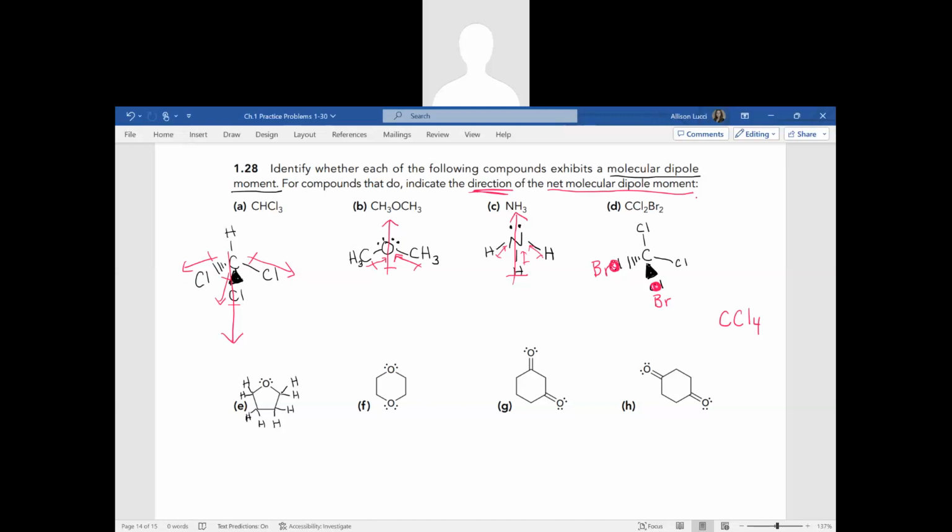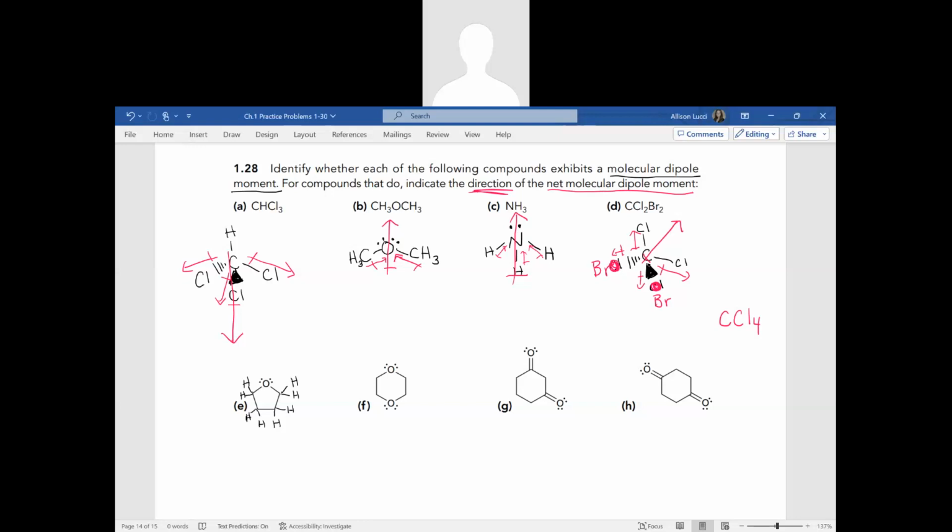Overall, chlorine is more electronegative, so these bonds will not cancel each other out. So we're going to see one dipole in that direction, and this bond would be in that direction. Since these are smaller dipoles for the bromine than the chlorine, our net dipole moment will be pointing in this direction.